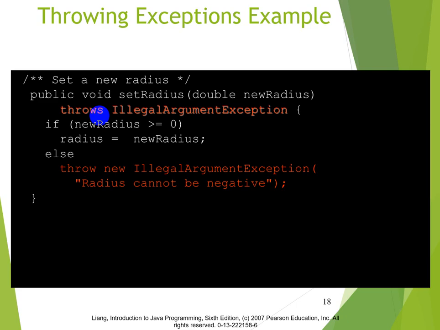For example, it should be greater than 0. If it is greater than 0, that means it's fine. In another case, if the radius is lesser than 0, then you will have to handle this situation. In that case, you're throwing the object of this exception with that argument: radius cannot be negative.